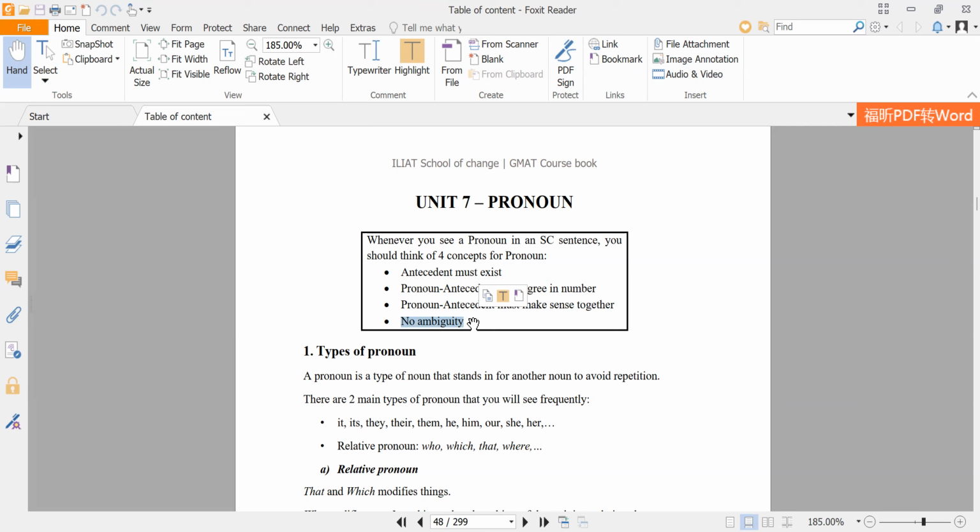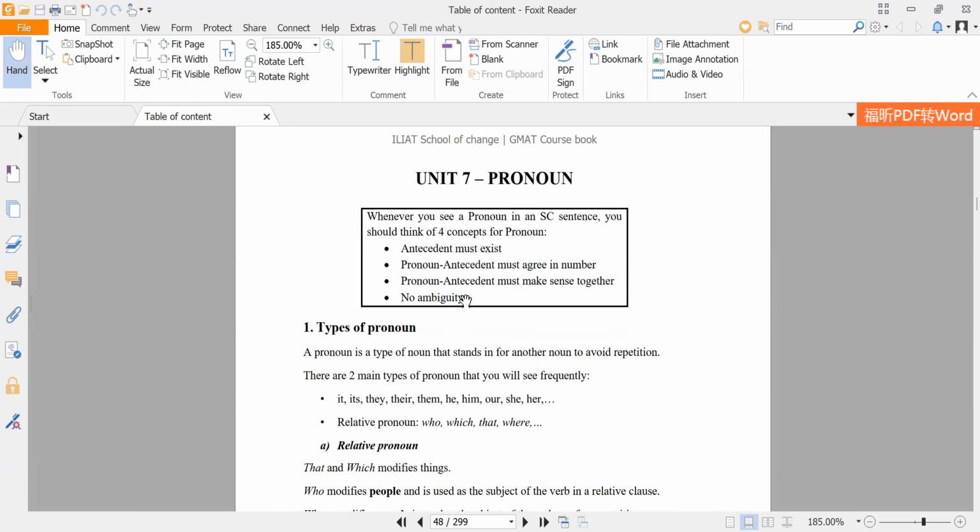So say you eliminate three answer choices, you narrow down to just two answer choices, and then you cannot find any other errors to keep eliminating one of the two. Then you're going to rely on whether there are any ambiguous pronouns, pronouns that you aren't sure what exactly they are referring to, and use that to eliminate the one answer choice.